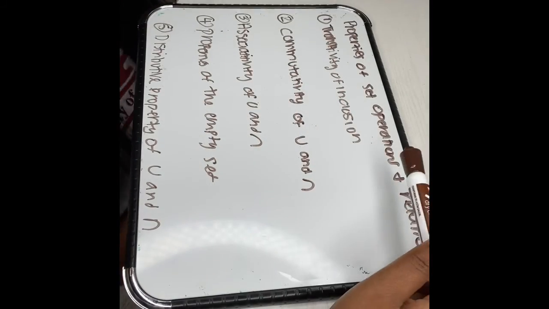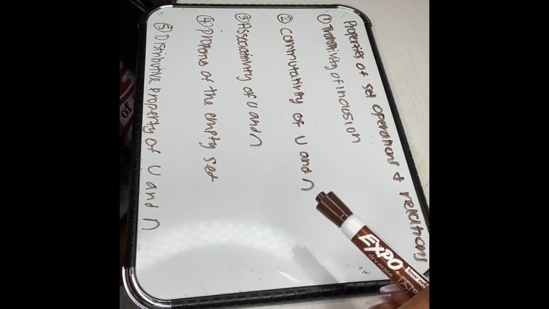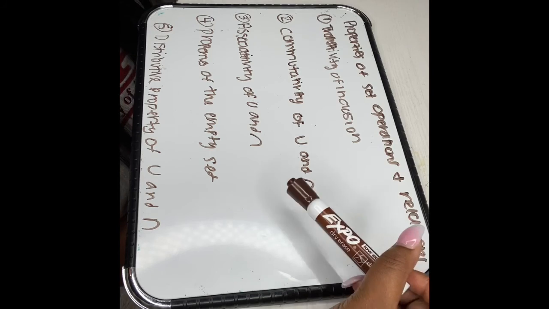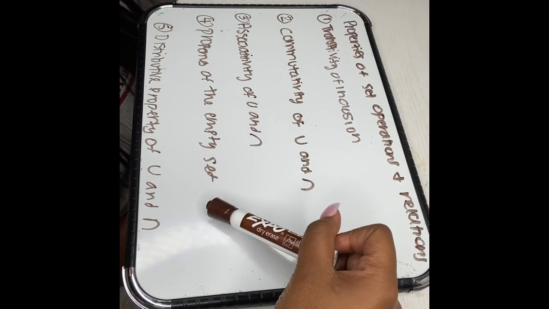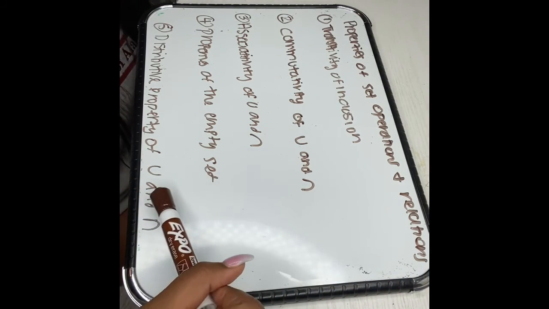So we have 5 properties of set operations and relations: transitivity, commutativity, associativity, properties of the empty set, and the distributive property.